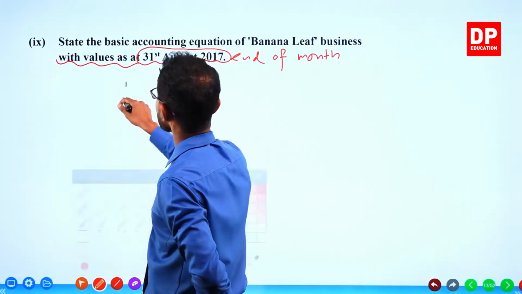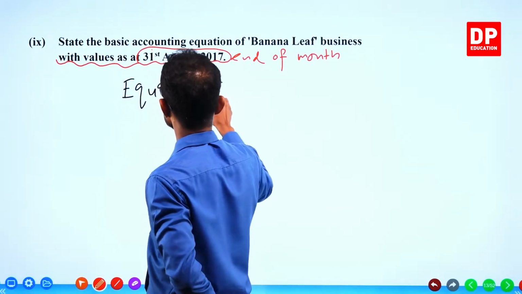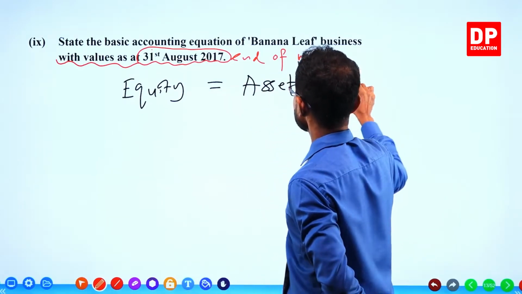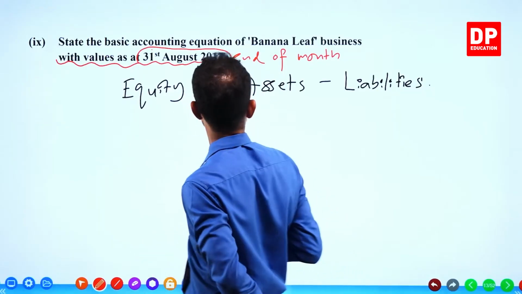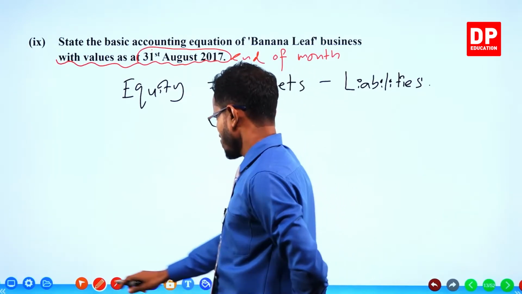Equity, capital equals assets minus liabilities. Equity equals assets minus liabilities. How much is the equity? We should find out.